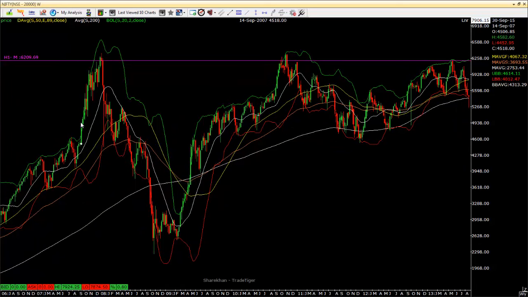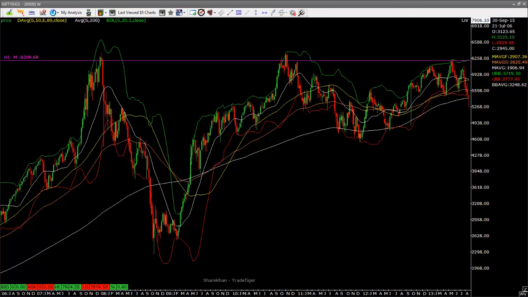Let's get to September. So this was July, September, choppy. We witnessed some choppiness around here, and then September took off. And then it started to get choppy here, and then finally January we gave up, and then we came all the way down.